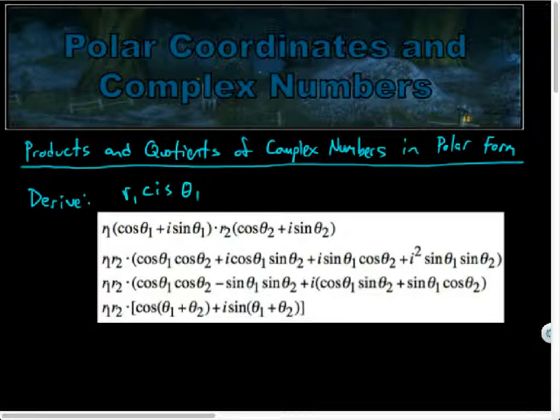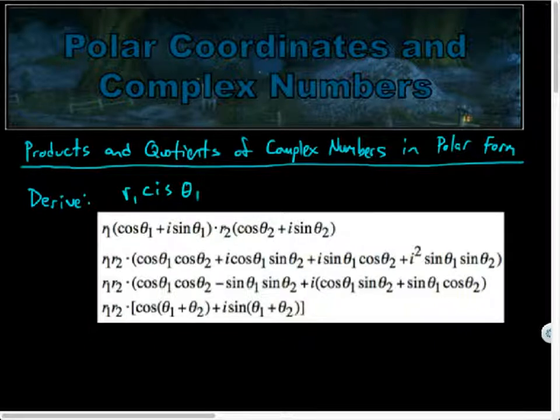Now this one might not be as obvious. You might have to remember some of your trig identities. This is the cosine sum identity, and here's the sine sum identity. So I end up replacing both of those as such, and that gives me the formula that is going to allow me to find the product of complex numbers in polar form.